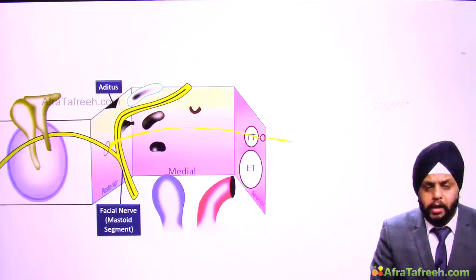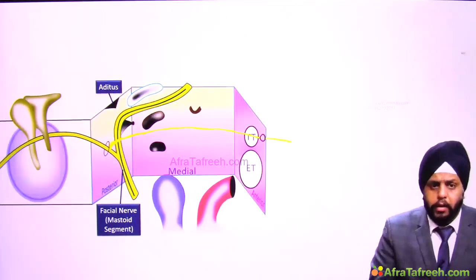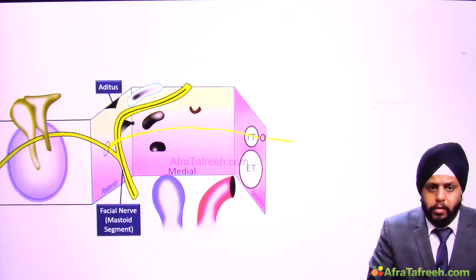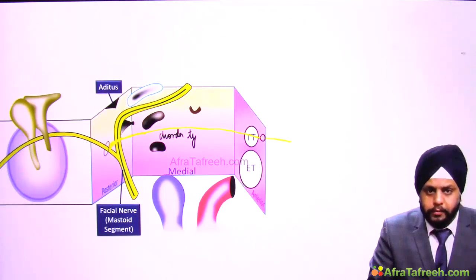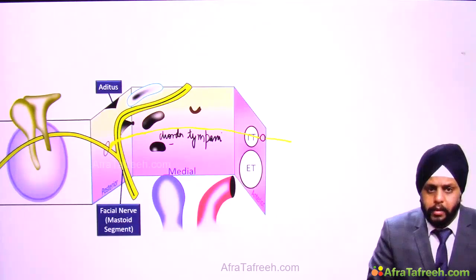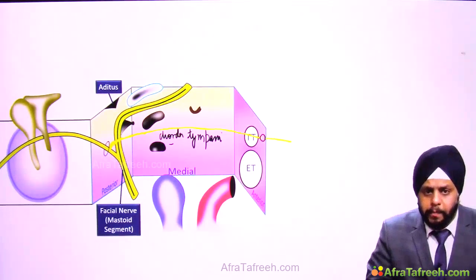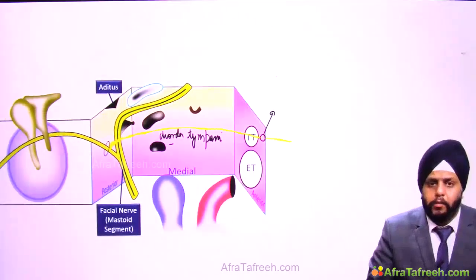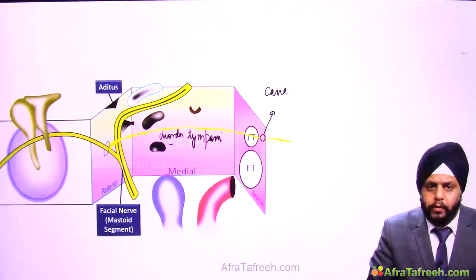This branch, or this nerve which hangs in the middle ear like a cord, is known as chorda tympani. It hangs in the middle ear tympanic cavity like a cord. So chorda tympani. Right? It exits the middle ear from the anterior wall through an opening that is known as the canal of Huguier.